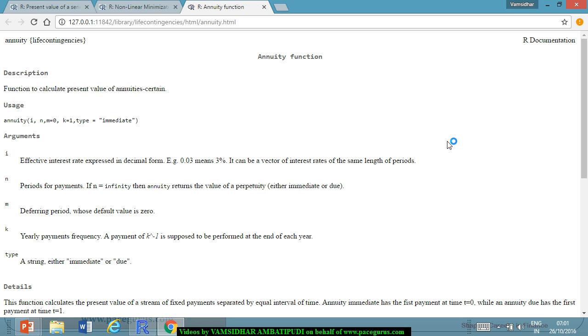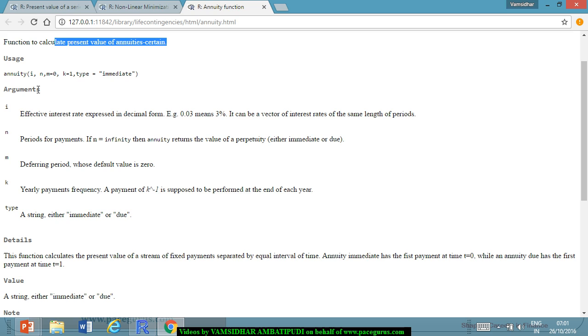So let's use the word annuity. It's a function to calculate the present values of annuity certain. So I can calculate the present values of annuity certains, with no uncertainties involved with respect to the payments. So I can use the annuity function to compute the present values of all those certain annuities.